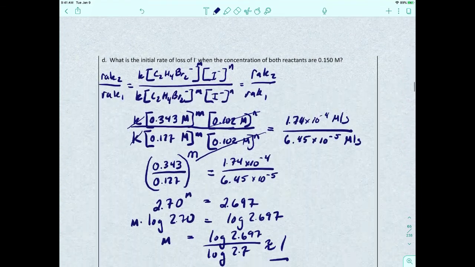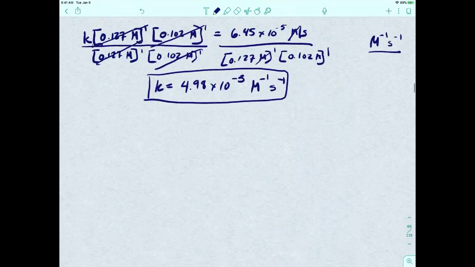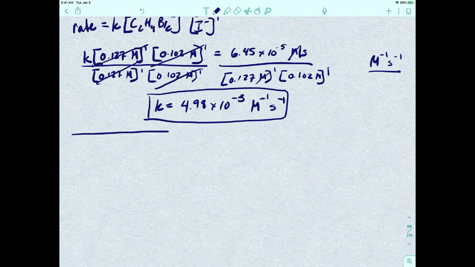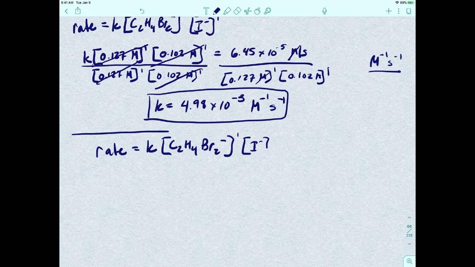All right. So what we're going to do is take our rate law. Rate is equal to k times the concentration of C2H4Br2 minus raised to the first times the concentration of I minus raised to the first. The concentrations of both of these are going to be 0.150.